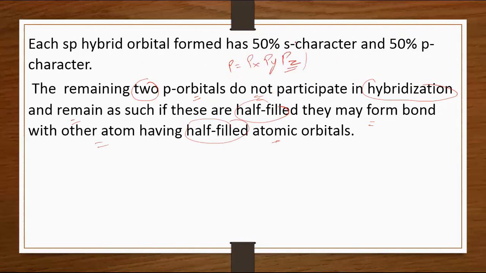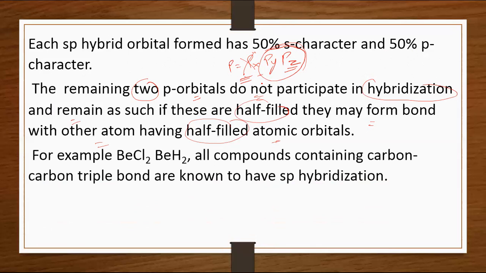Out of these 3 p orbitals, 1 p orbital participates in hybridization. The remaining 2 p orbitals remain as they are. If they are half-filled, they can also form bonds. For example, BeCl2, BeH2, or all compounds containing a carbon-carbon triple bond have sp hybridization.